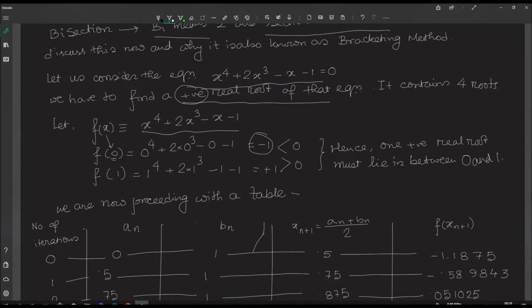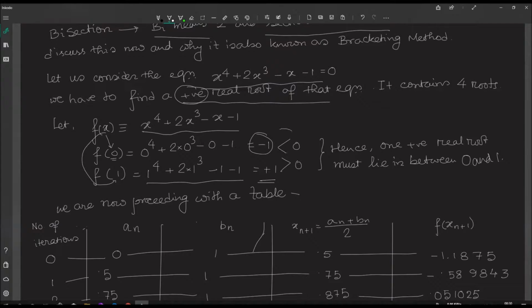Once again we are putting the value of x as 1. The result of f(x) becomes plus 1, that means greater than 0.